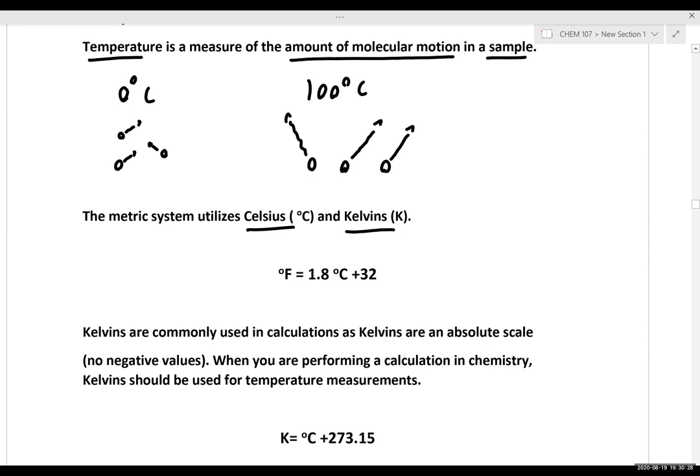So the main formula that we're going to use is that degrees Fahrenheit is equal to 1.8 times the degrees Celsius plus 32.